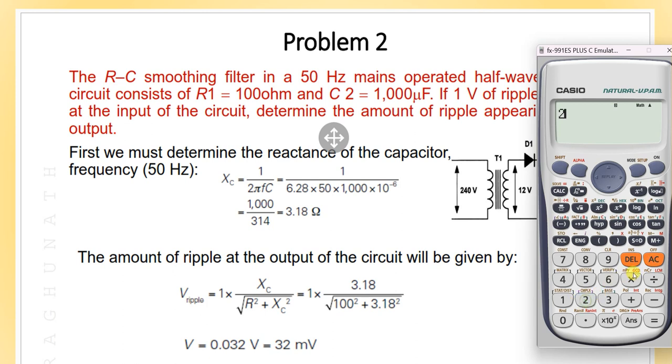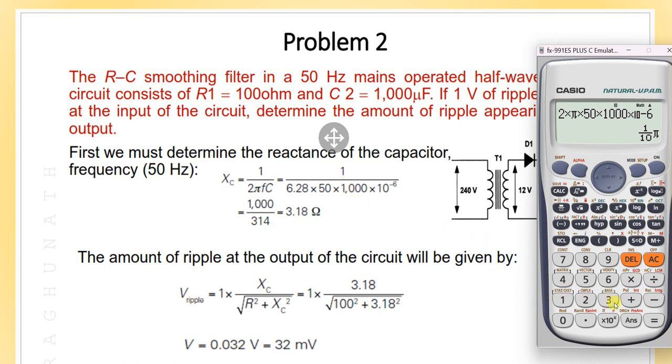Take the calculator: 2 into pi into f, f is 50 hertz, into 1000 micro, 10 to the power minus 6. I am writing just 2 into pi into f into C. This is the denominator, so you have to take the reciprocal of this.